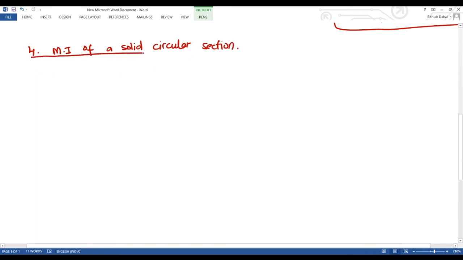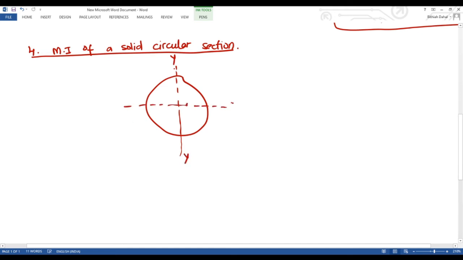Solid circular section. For this, let me draw the diagram. I'm sorry for my bad diagrams. Let us say the Y-Y axis is moving from here, Iyy, then the x-axis is passing from here.